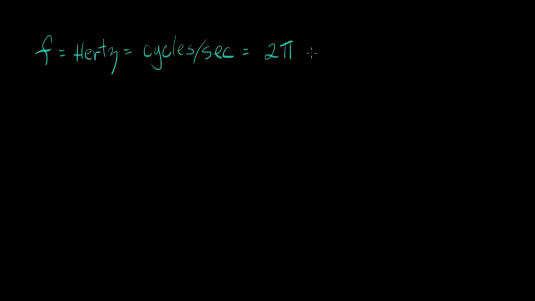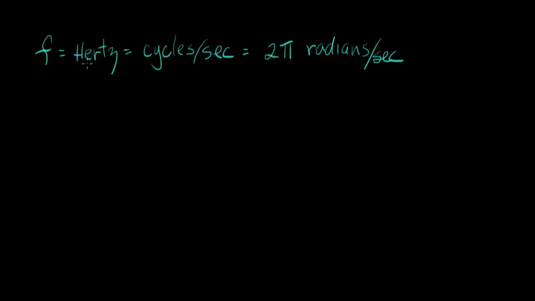So now we have two ways to measure frequency. One is F, which is frequency, measured in hertz, and that's cycles per second. And one cycle equals 2 pi radians per second.